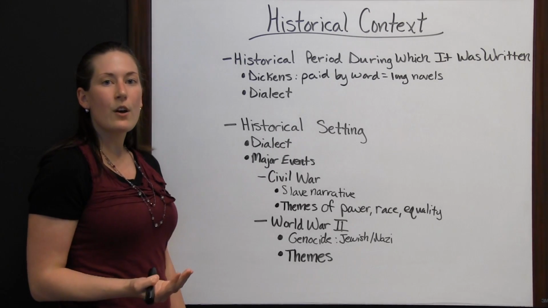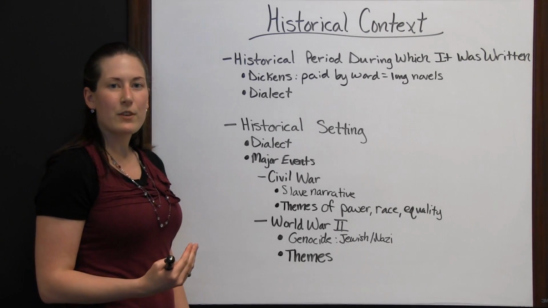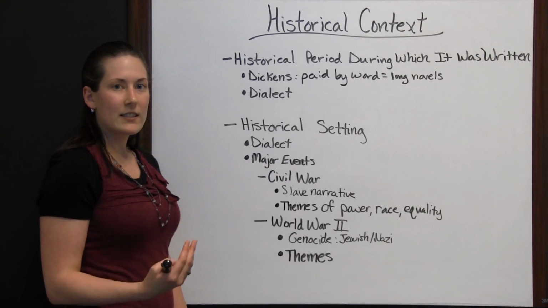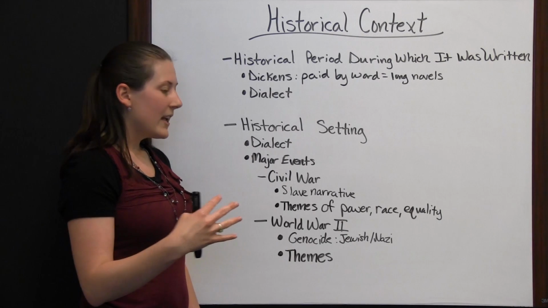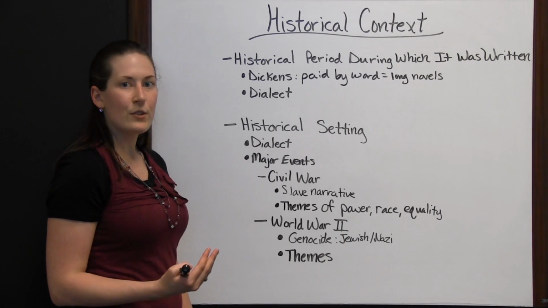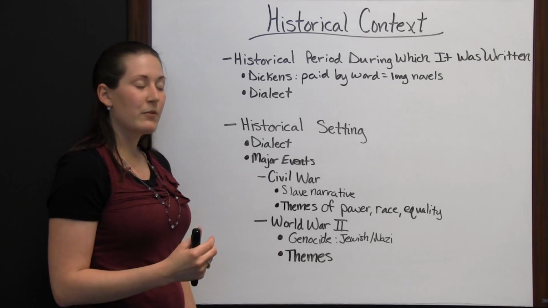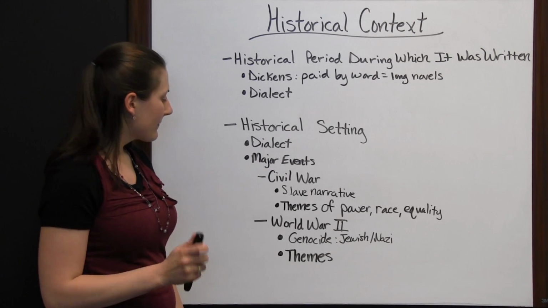And if you know the World War II era, then you know what to expect when you're reading. You know that the Nazis are trying to take over most of Europe. You know that the Jews are being persecuted, and you've already got that bit of background knowledge before you even read the rest of the book.